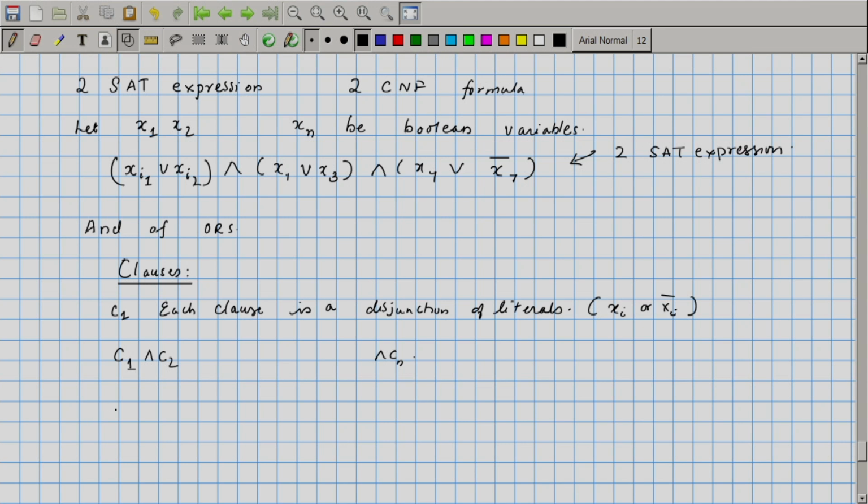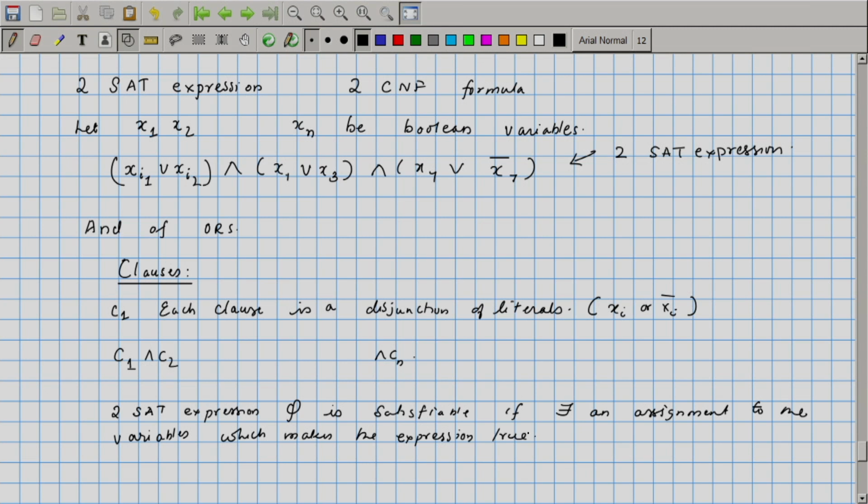We call a 2-SAT expression satisfiable, so let us say phi is satisfiable, if there exists an assignment to the variables which makes the expression true.